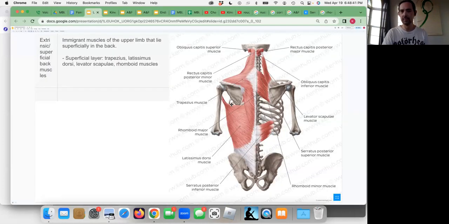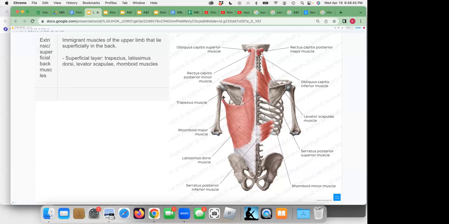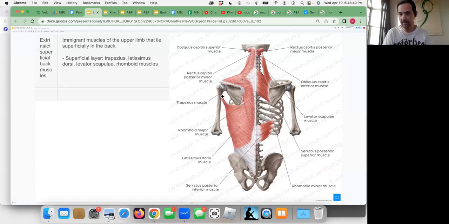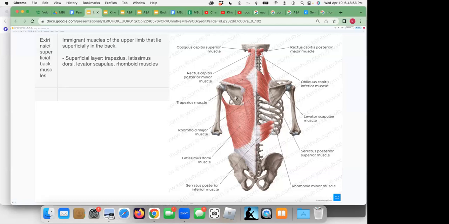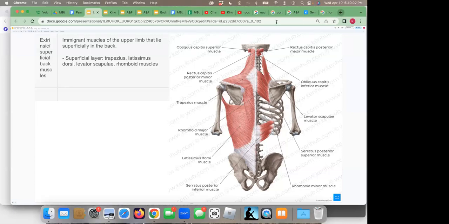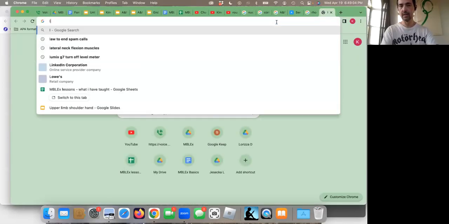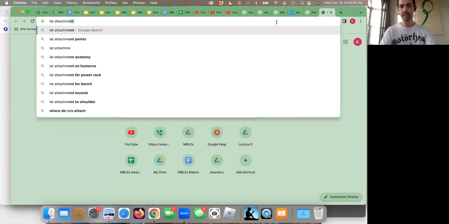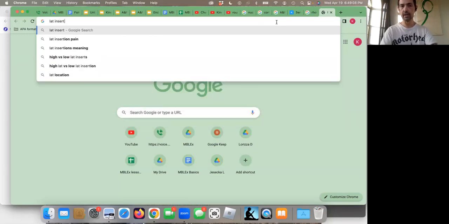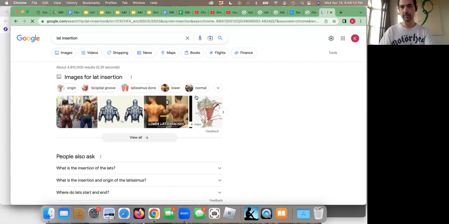Can you imagine how this muscle fiber of the latissimus dorsi attaching to the medial aspect of the humerus would rotate it this way, clockwise or internally? Let's see, lat insertion. Yeah, it does. It would do some turning.